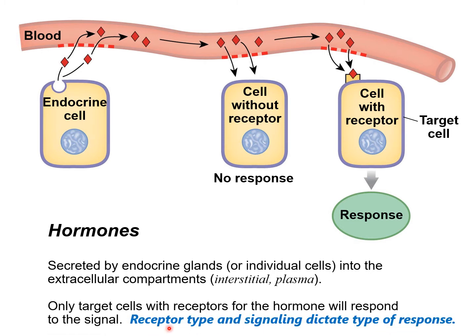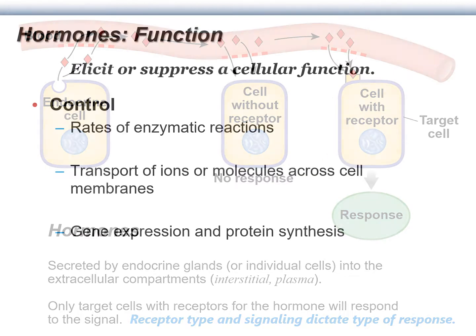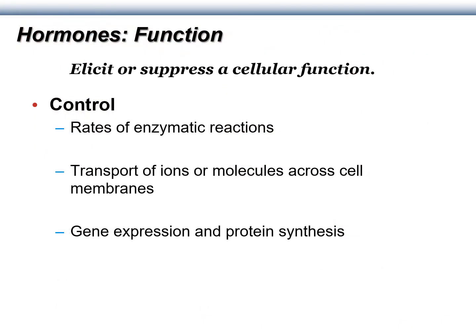Remember then that only cells with receptors will respond. So if we lack the receptor, we're going to lack a response. Just a reminder that the function of hormones is to either elicit or suppress a cellular function of some kind, which can be growth, movement, metabolism, secretion, any type of cellular function.